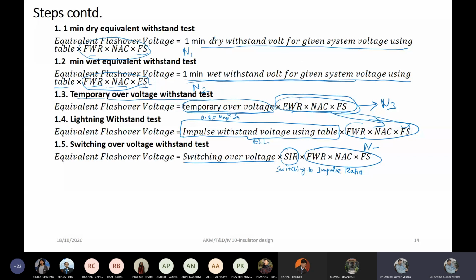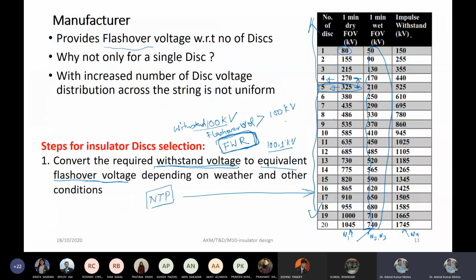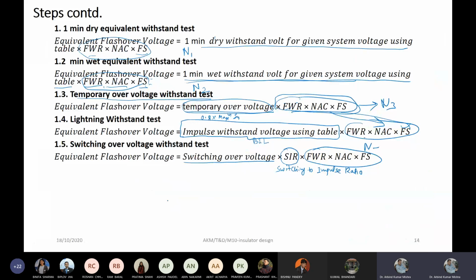As you go back to the manufacturer specification, if they specify only the impulse voltage, nowadays some manufacturers also specify the basic switching withstand, BSL. But if the manufacturer specifies only the impulse withstand voltage, then you have to convert, because the switching overvoltage is in the order of milliseconds, and impulse voltage withstand capacity is for microseconds.